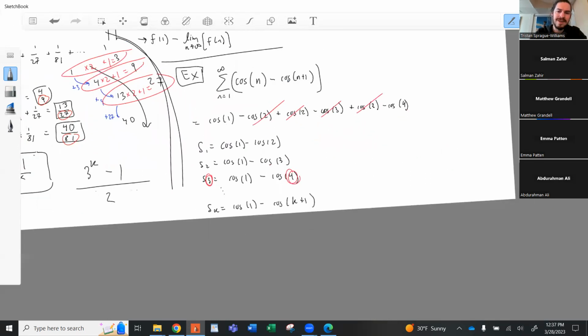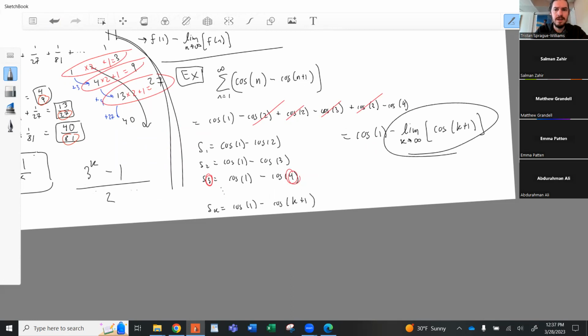And so then this is going to sum up to cosine of 1 minus whatever the cosine of k plus 1 is approaching as k goes to infinity. So whatever that is approaching, that's what we're subtracting, right?